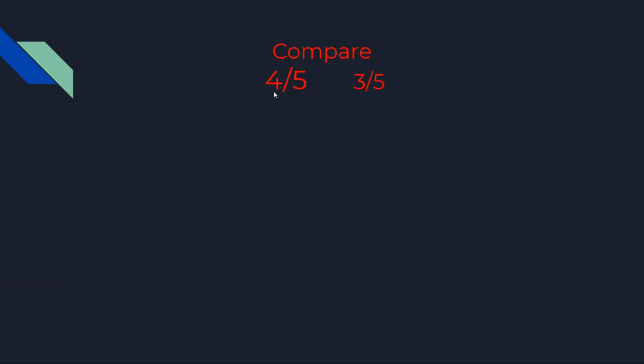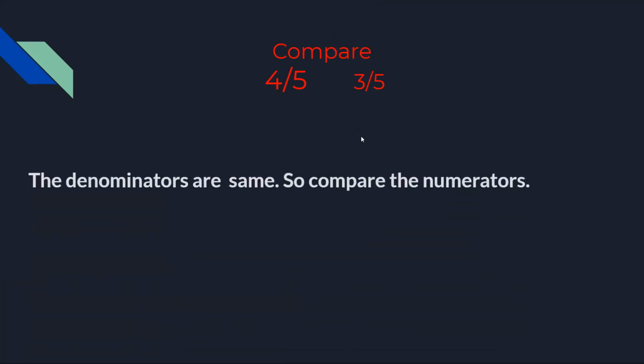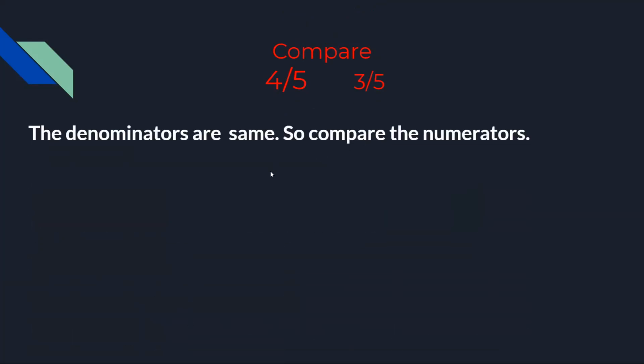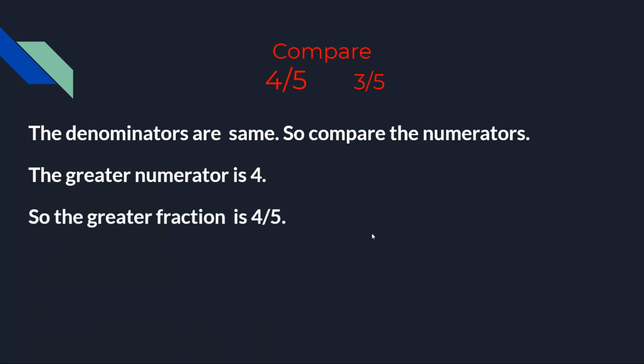One side the numerator is 4 and the other side the numerator is 3. So this fraction is greater than this fraction. The denominators are the same, so compare the numerators. The greater numerator is 4, so the greater fraction is 4 by 5.